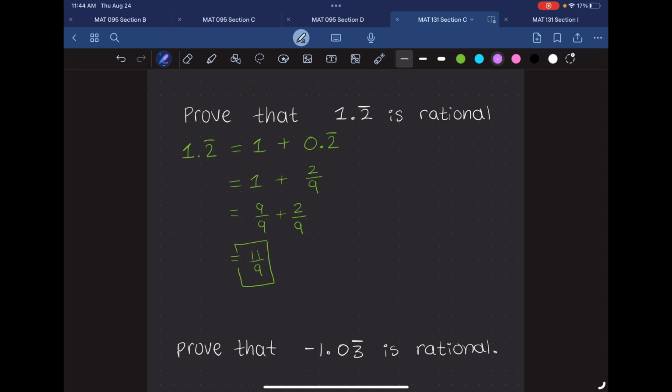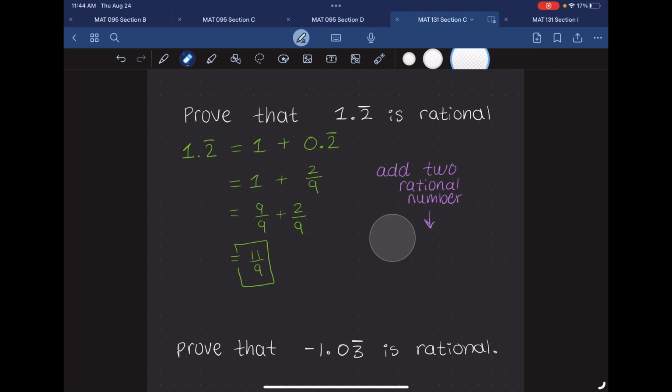And I want to make a note right now. If we add 2 rational numbers, that will give us another rational number.